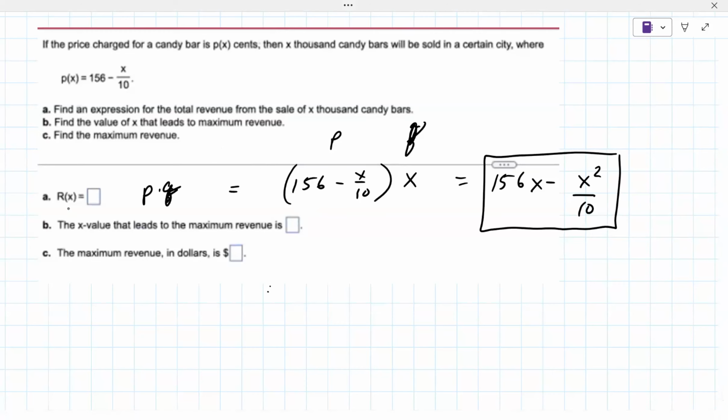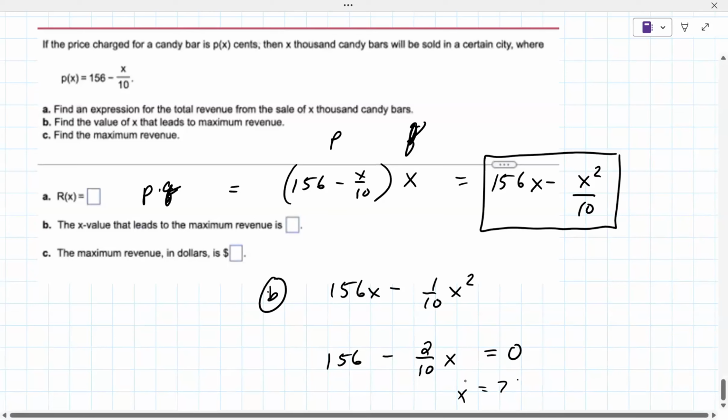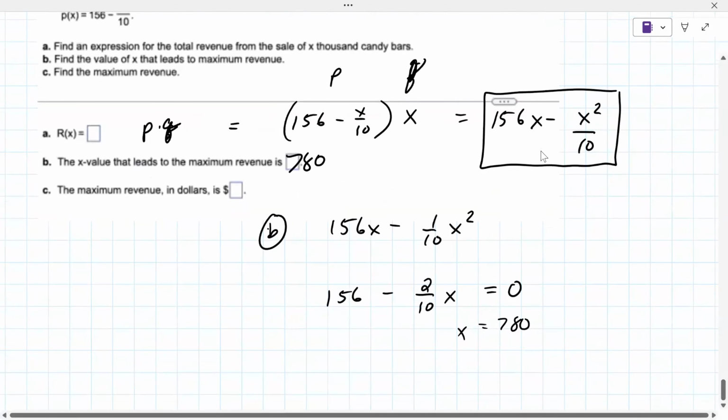So to do part B, you have to take a derivative. A way to rewrite is 156x minus 1 over 10 x squared. So your derivative is 156 minus 2 over 10 x. You set that equal to 0. Multiply by 5. All right, so you end up getting x equals 780 when you solve that. And then to find the maximum revenue, you have to put this 780 back in the revenue function.